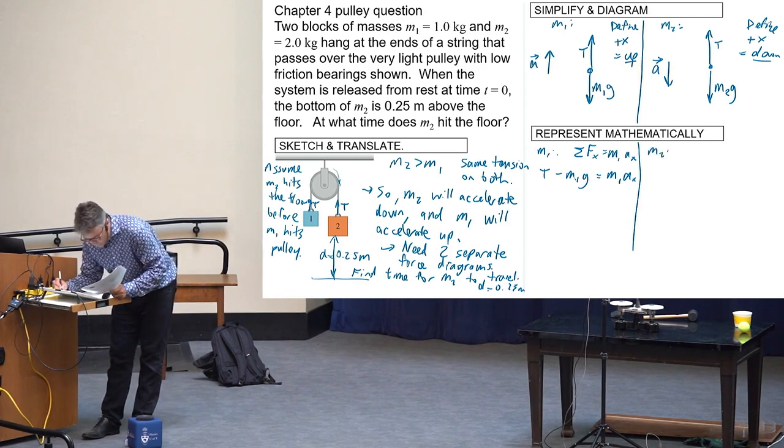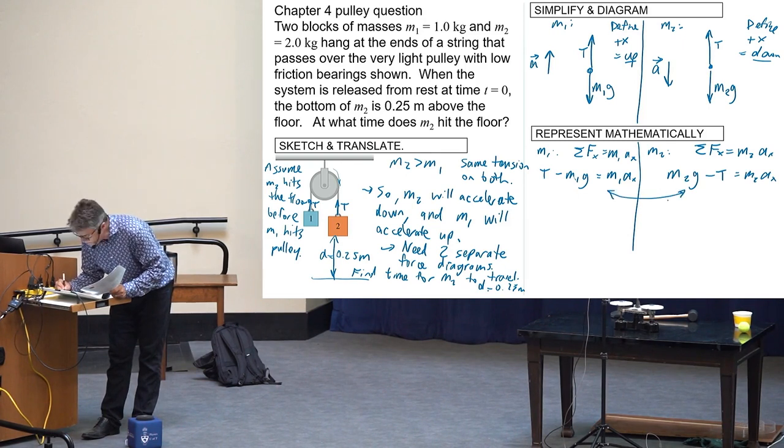For m2, the sum of all the forces in its x direction is equal to its mass times its acceleration. And the sum of all the forces in this case is m2g minus tension. So now you've got two equations and two unknowns.